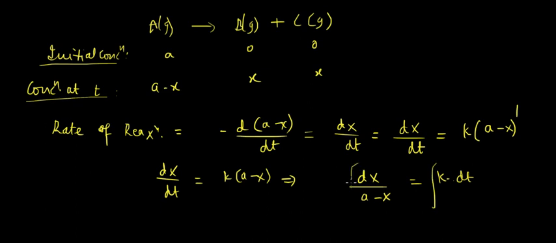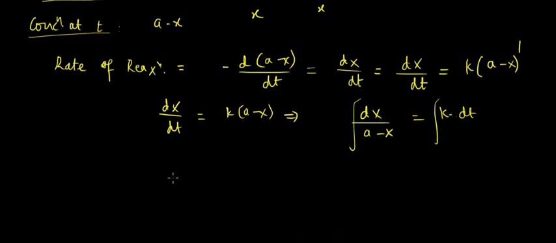Now we integrate this differential form, so we will be getting minus ln(a minus x) would be equal to kt plus c.